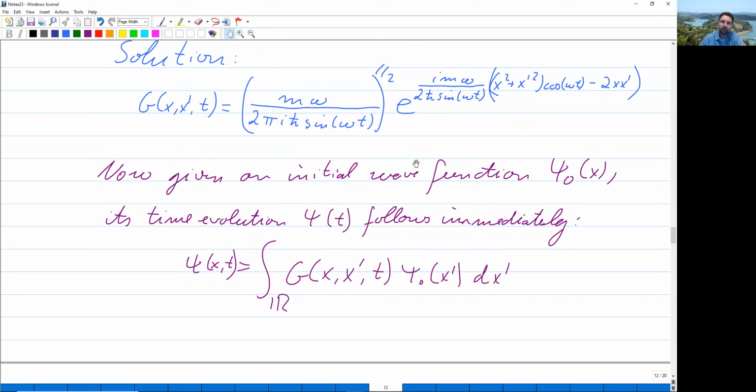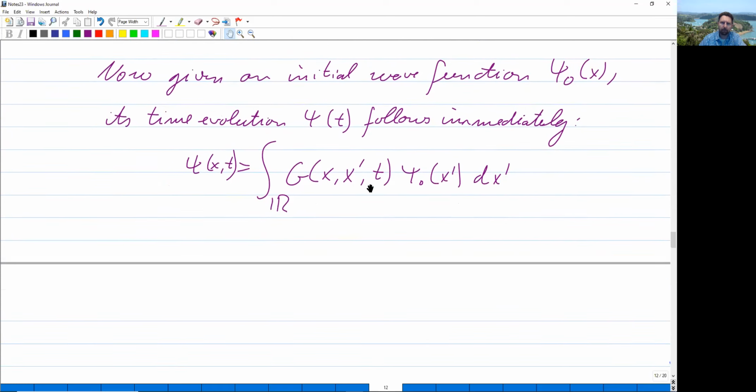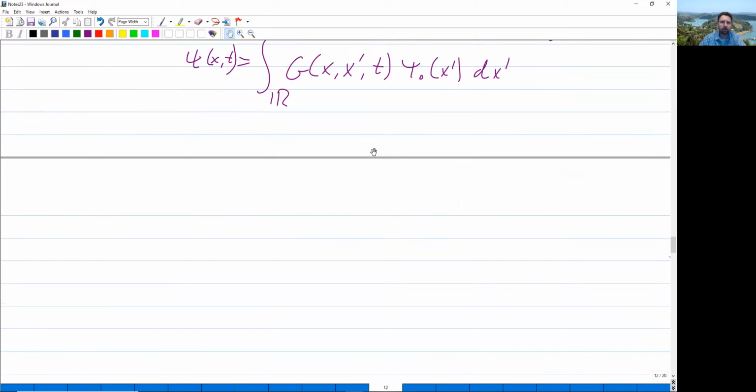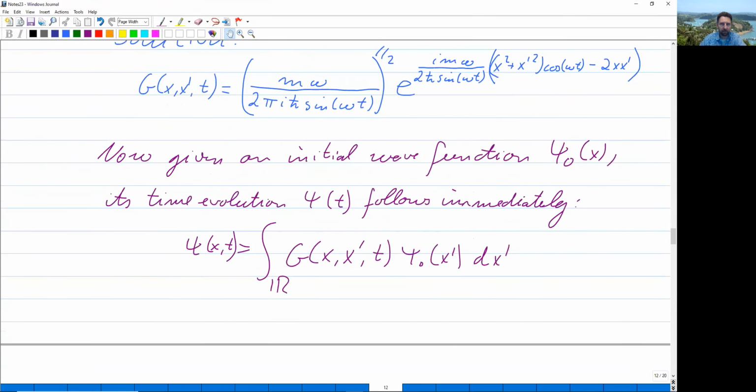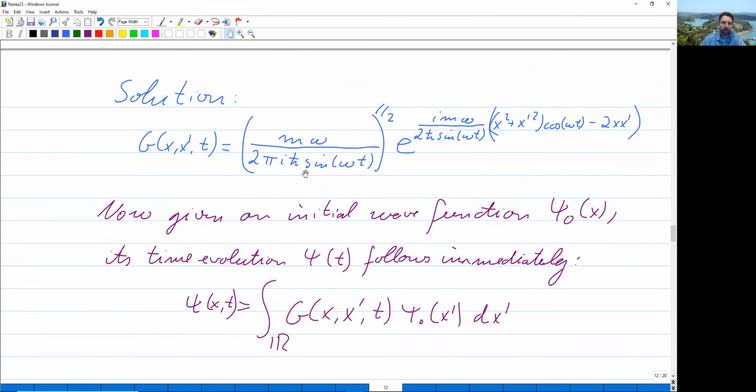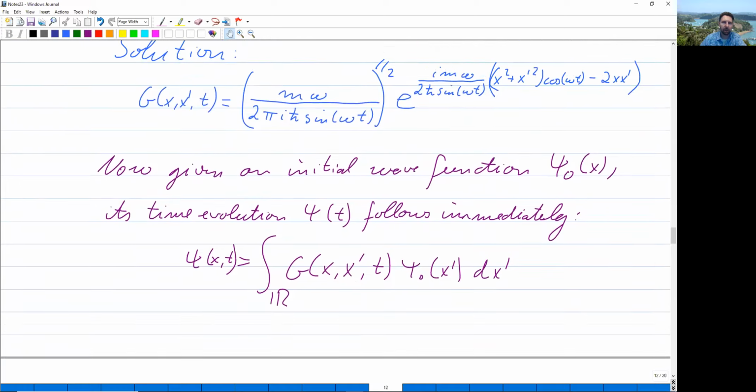All right, so that's the Feynman picture. Now, there is something curious that I'd like to close this section with, which is that in the case of the harmonic oscillator, there is something special that we can read off from the Green's function here, this one. So let me make a remark.